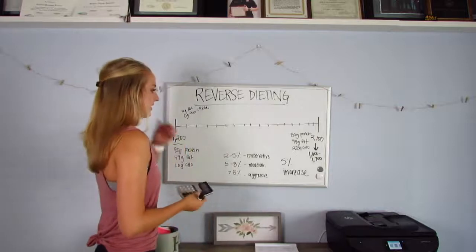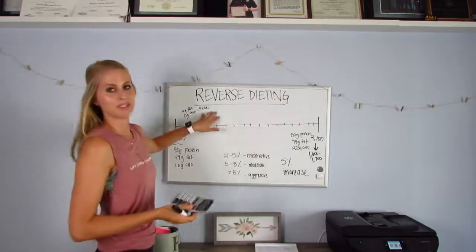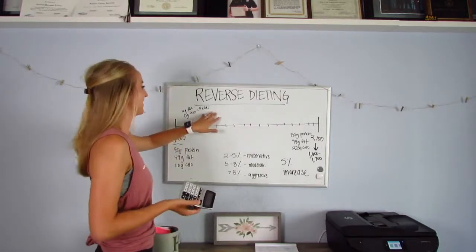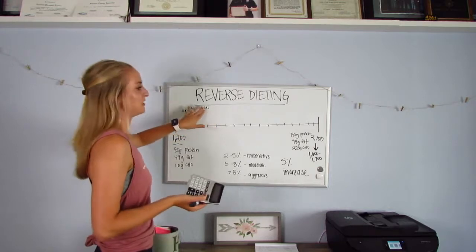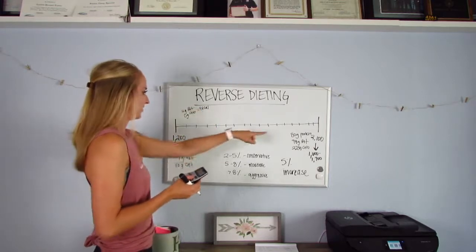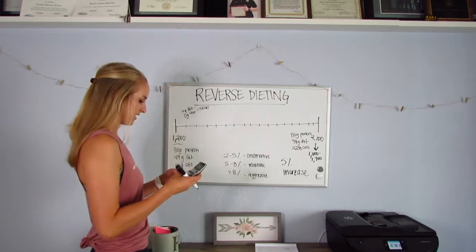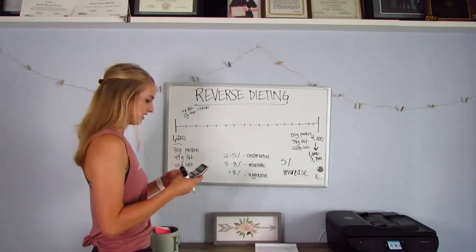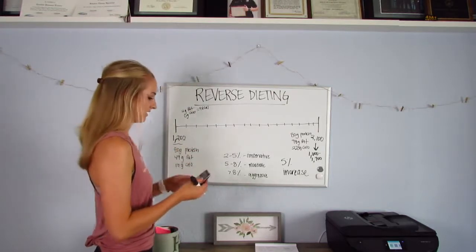So let's just say, again, this is maybe not the best example because 42 calories is not that much of an increase, but if we stayed there and we took 2100 calories minus 1200, that's a 900 calorie difference.